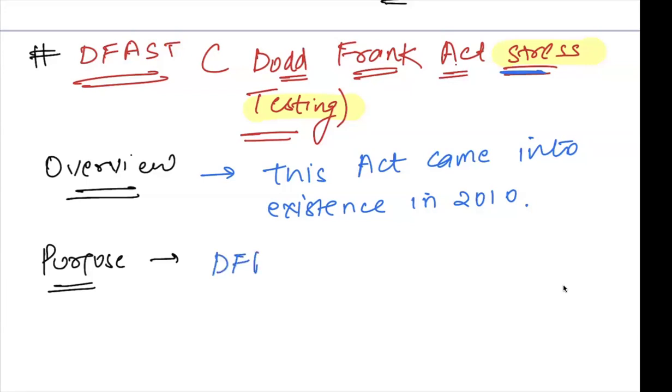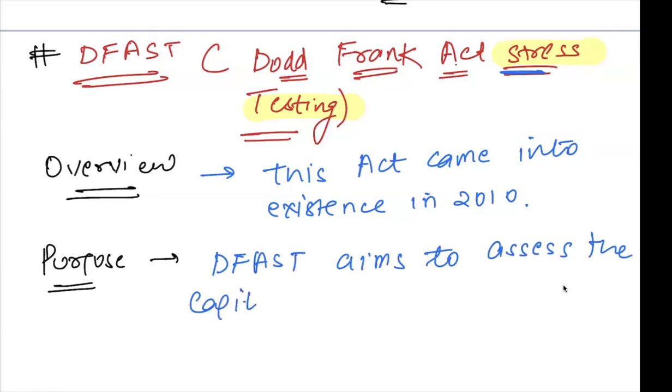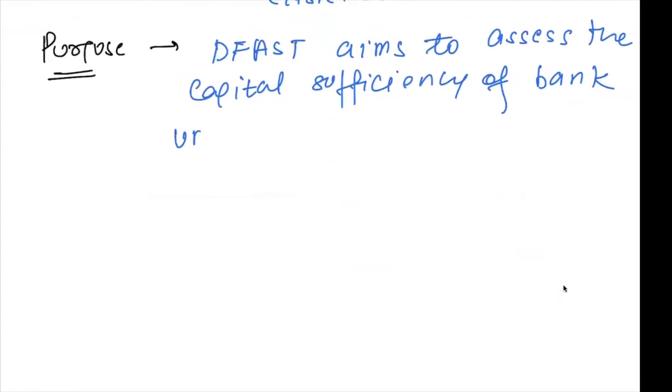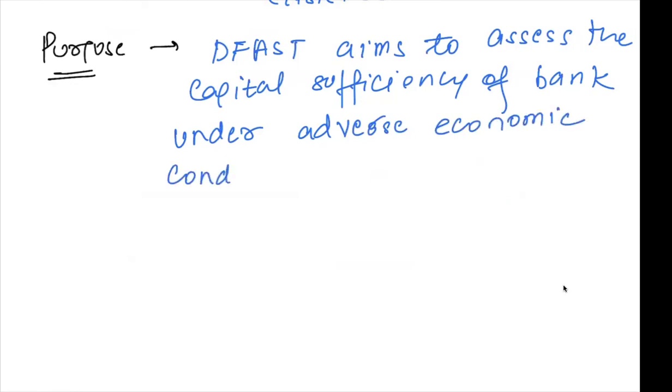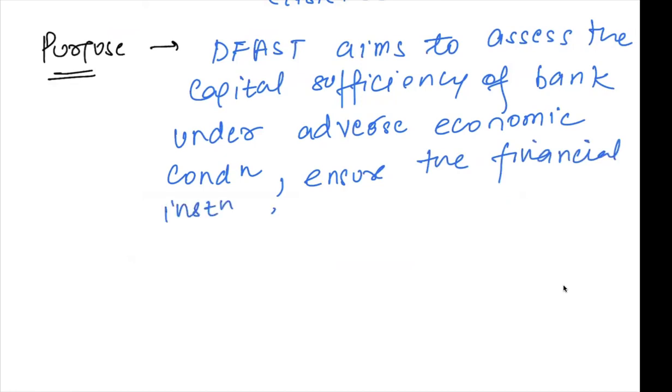So DFAST aims to assess the capital sufficiency of a bank under adverse economic conditions, ensuring the financial institutions, or let's say banks, can absorb losses and can continue their operation.